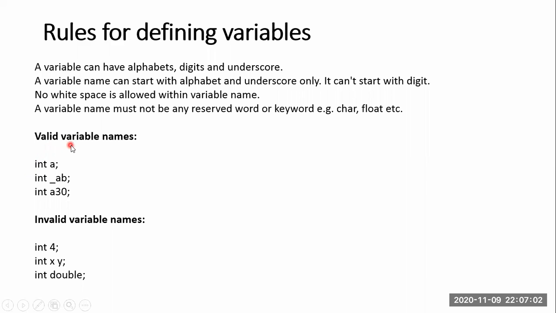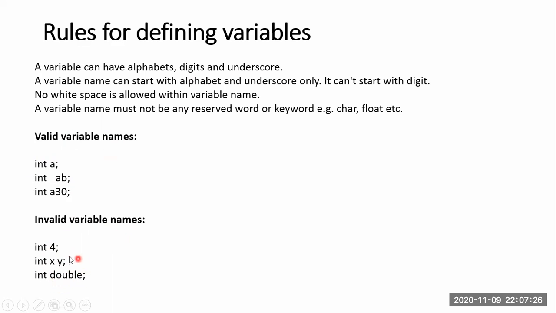Valid variable names are, for example, int a and int _ab, so it may start with an alphabet or underscore. Again, int a30 is also a valid variable. When it comes to invalid variables, you can see int 4, int x.y, and int double.